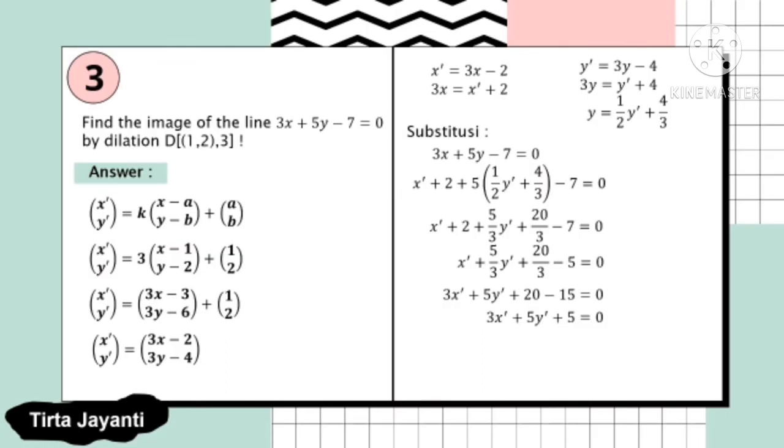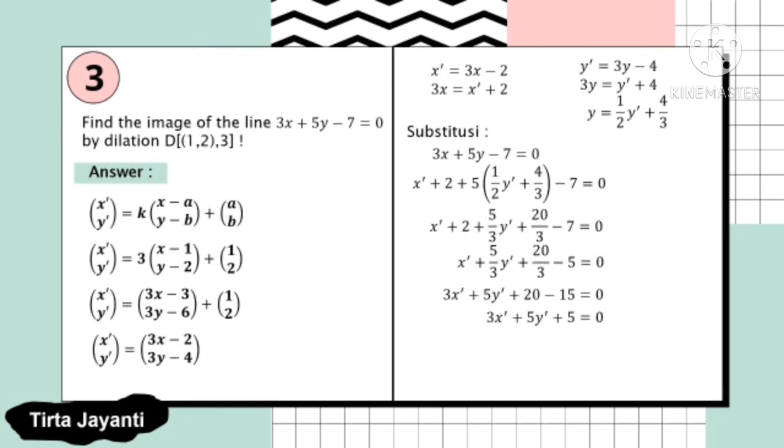Then we get x prime plus 2 plus 5 times 1 over 3 y prime plus 4 over 3 minus 7 is equal to 0, until we find x prime plus 5 over 3 y prime plus 20 over 3 minus 5 is equal to 0.